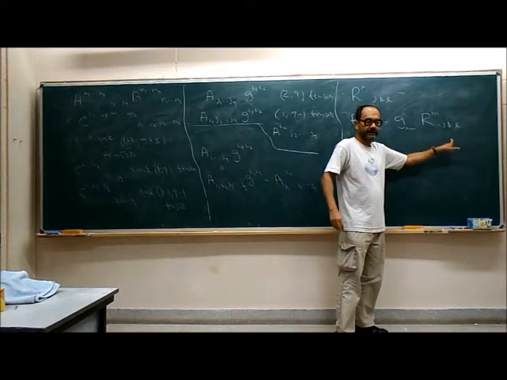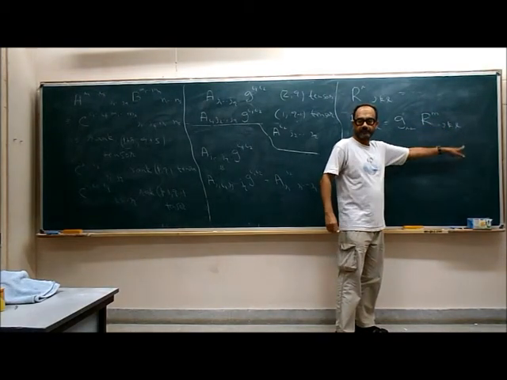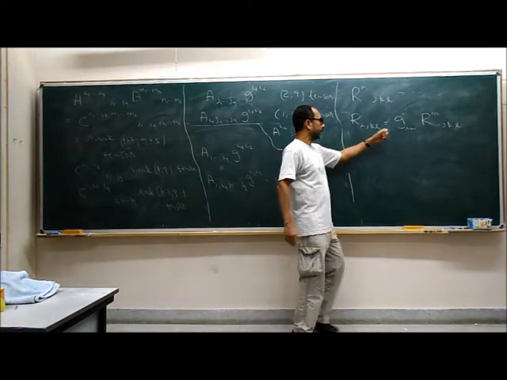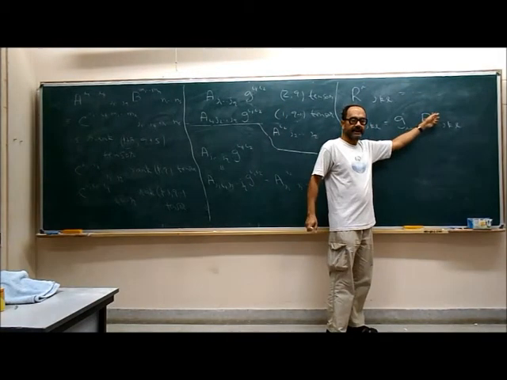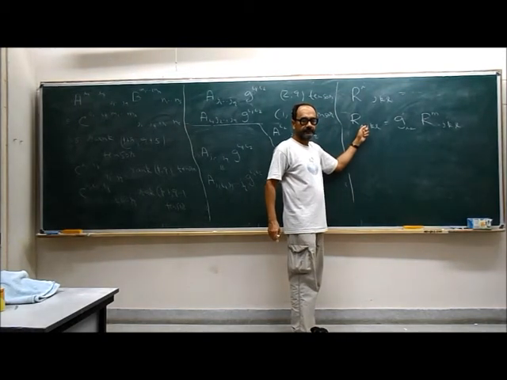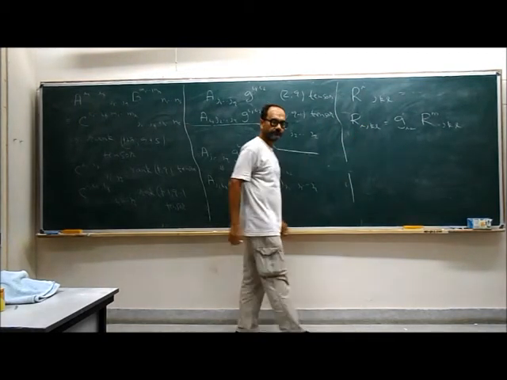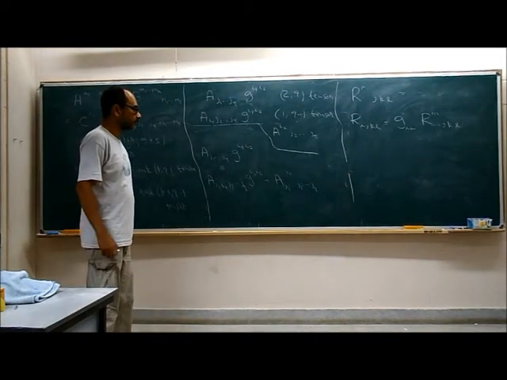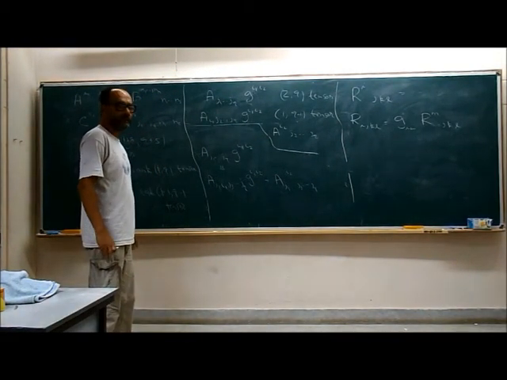This is defined to begin with with the first index up, all others down. Because we are lowering the first index, it is written as the first index, R IJKL. So this is the convention that we will be following.